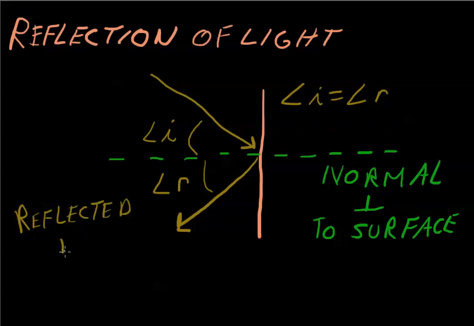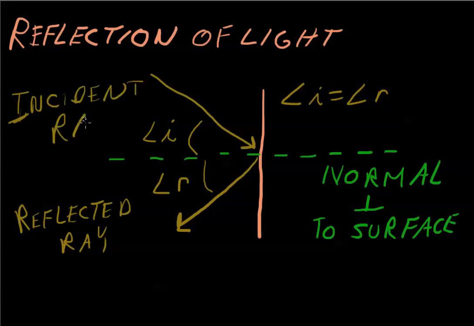This is the reflected ray. And this is the incident ray, or the incoming ray, if you want to think of it like that. Very simply put, the angle it strikes a smooth flat mirror is going to be the same angle it's going to bounce out at. And you have a normal in here, which is always perpendicular to the surface.